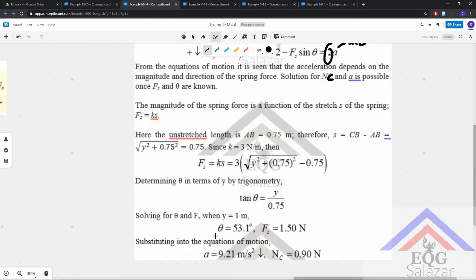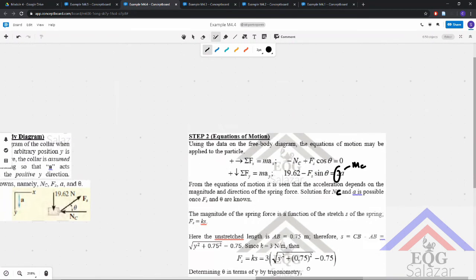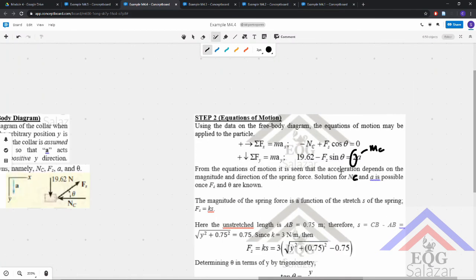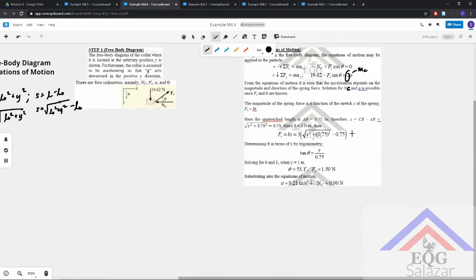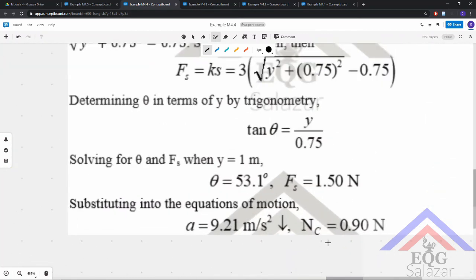Plugging these values into the equations of motion, we will be able to determine Nc and a. The normal force comes out to be 0.9 newtons, and the acceleration will be 9.21 meters per second squared downwards.